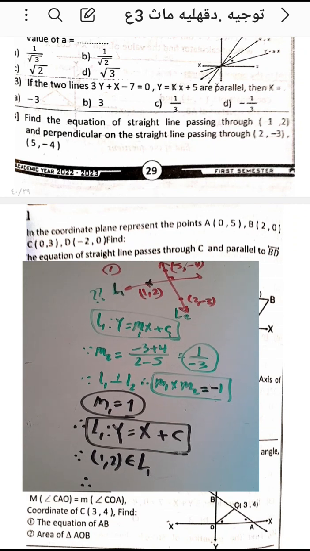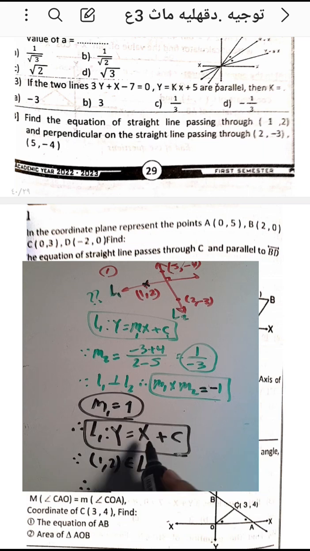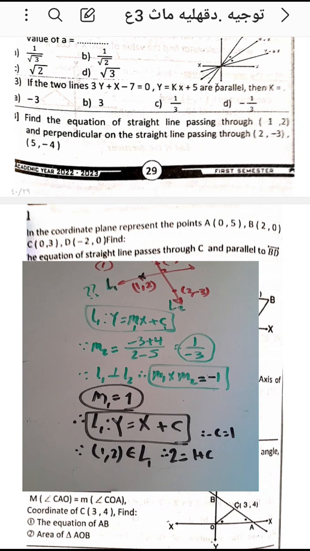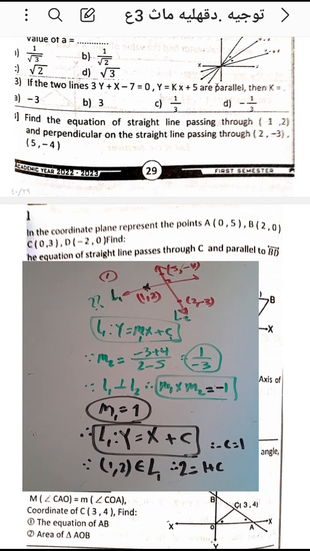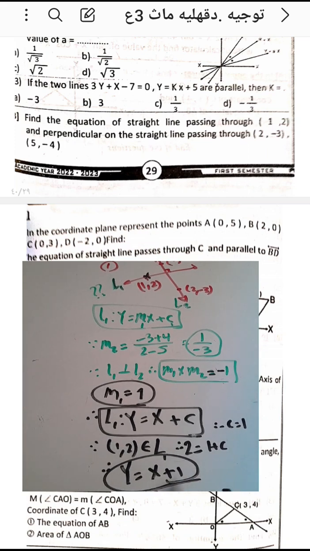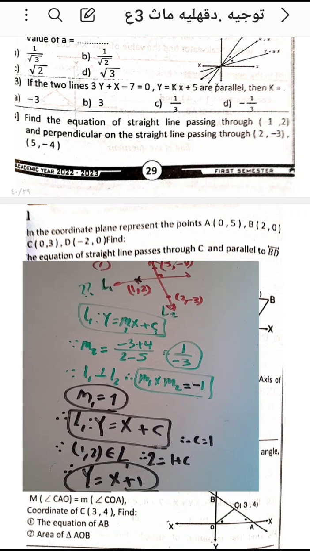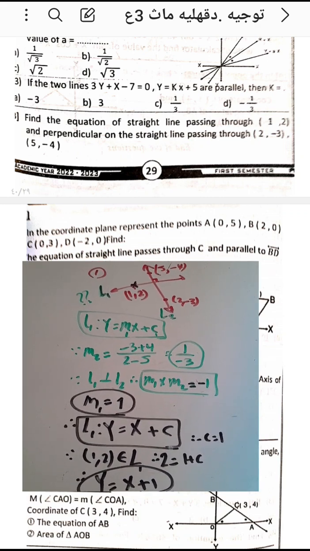We can write x equals 1 and y equals 2. Then 2 equals 1 plus constant. Then the constant will be equal to 1. Okay, then the equation is y equals x plus 1. This is the equation of the straight line, y equals x plus 1. It's the result.